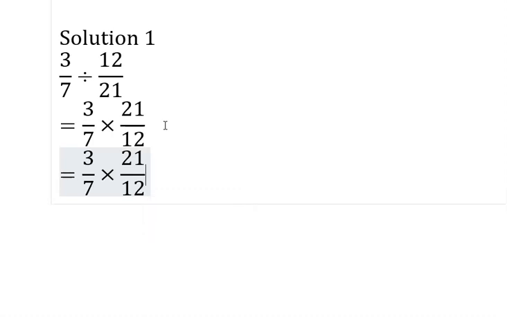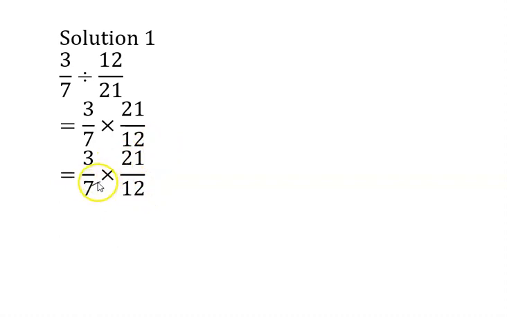So now let's cut out to see if we can get smaller numbers. Okay, let's see what number can cut. This 3 can cut here and can cut here. 7 can cut here and can cut here. So depending on what you actually want.